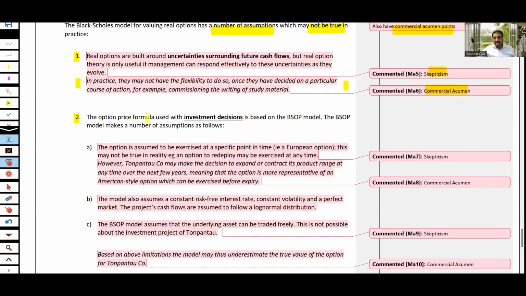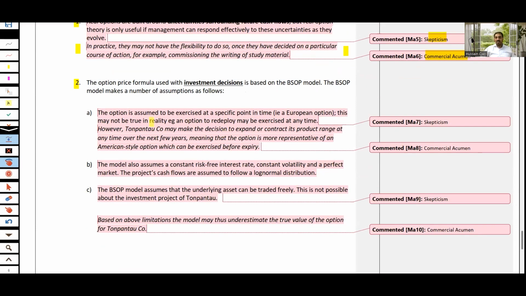The option pricing formula used with the investment decision is based on the BSOP model. And the BSOP model makes a number of assumptions, one by one. First, you highlight that the option is assumed to be exercised at a specific point in time, that is, a European option. This may not be true. Make it clear, European option, but this is not true.